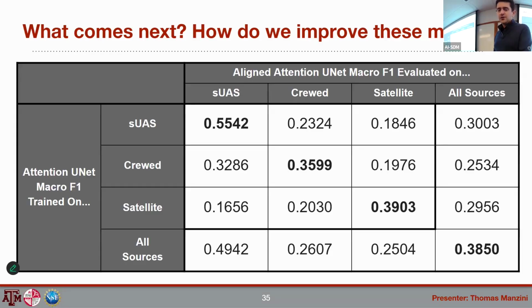One is variations in the spatial component of the imagery, but there are also a little bit different dynamics in the imagery itself. For example, satellite and crewed imagery have a little bit more of a chance to view buildings from their sides, a slightly oblique view, whereas drones tend not to have that property as much. So there are some sensor specific dynamics there, but we think the majority of the performance reduction is due to variations in scale.